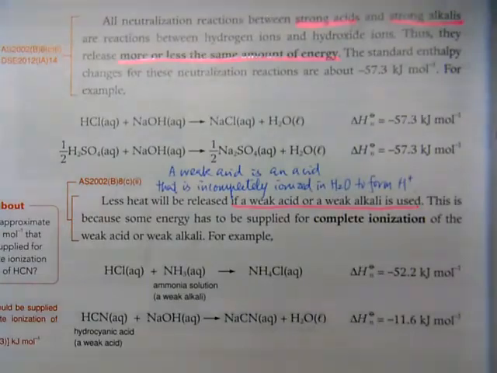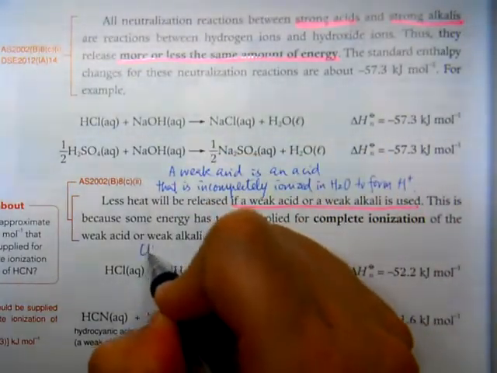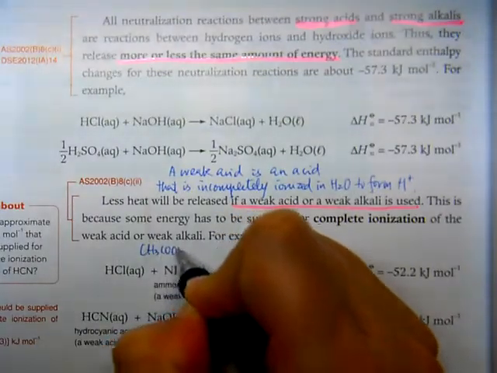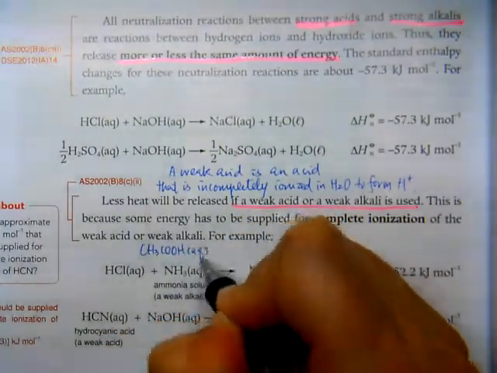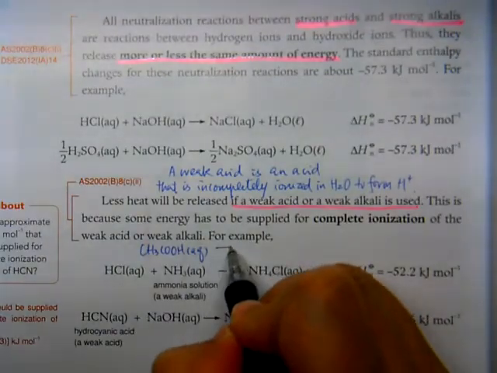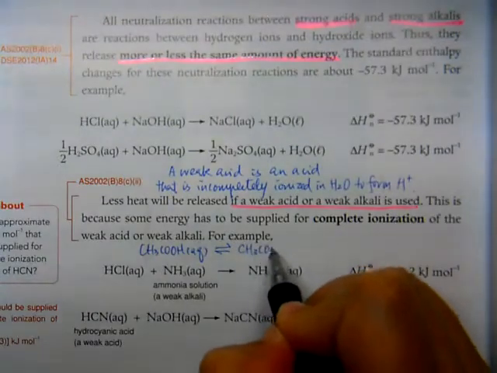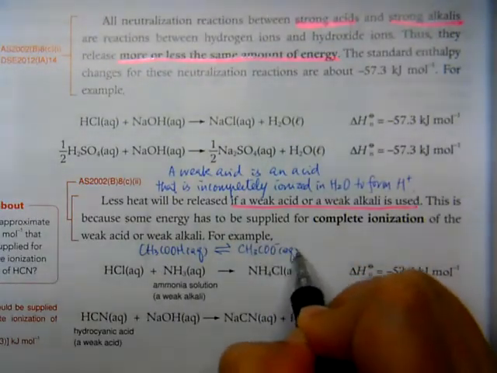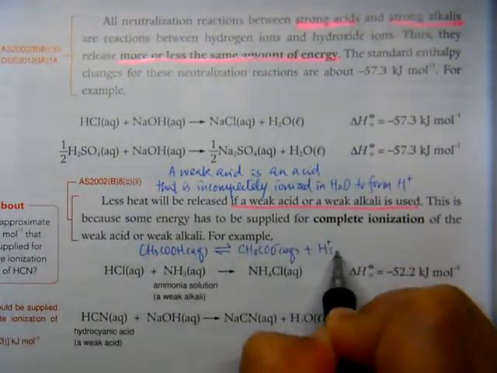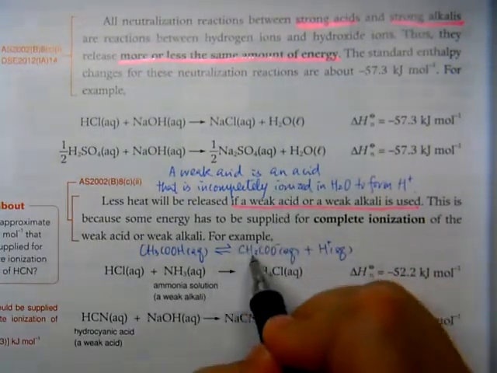Do you remember this definition? You need to bear in mind. For example, ethanoic acid. Ethanoic acid, as you know, is a weak acid. It is incompletely ionized in water to form hydrogen ions. Incompletely ionized, therefore we need to use a reversible sign.